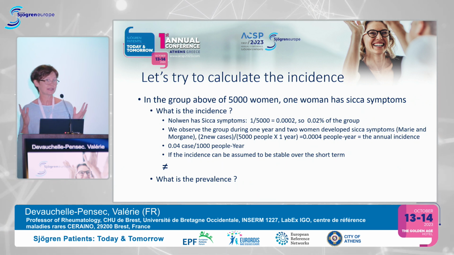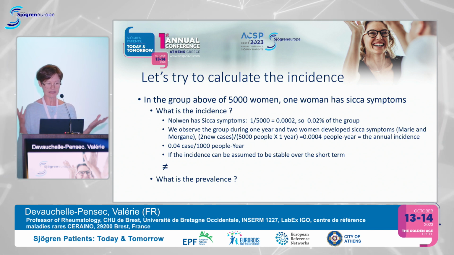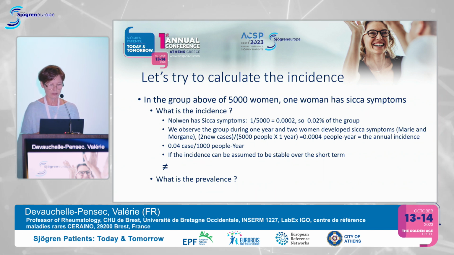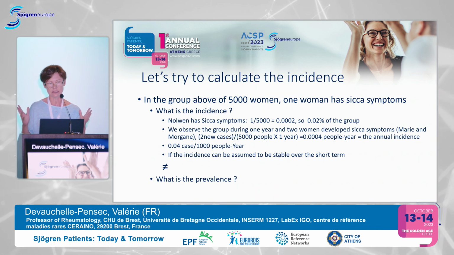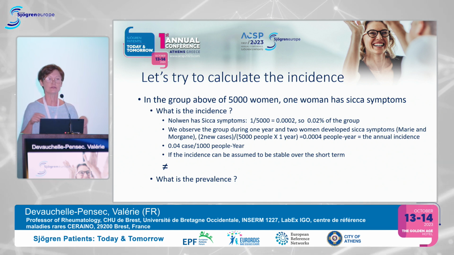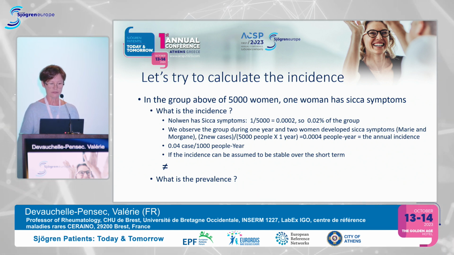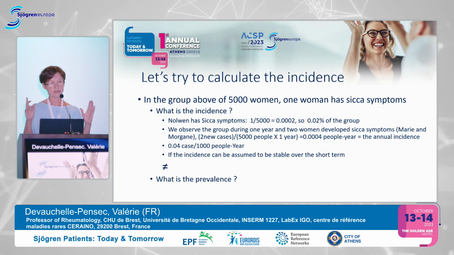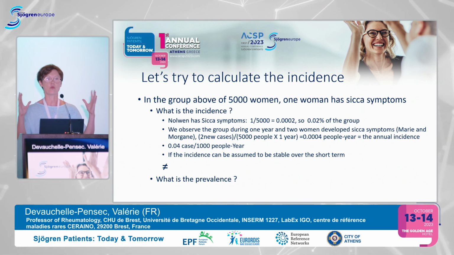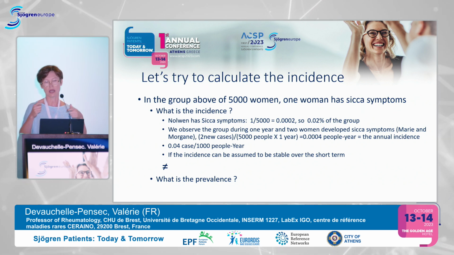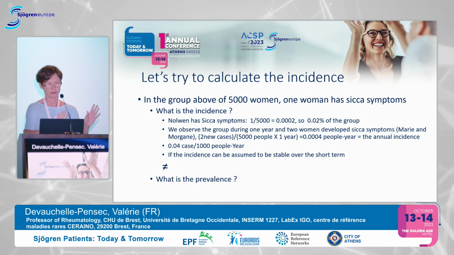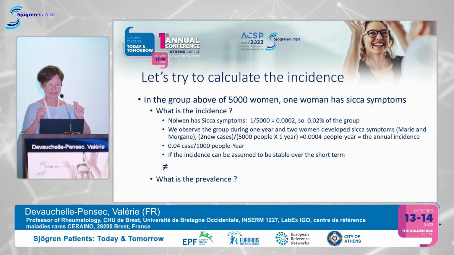So I'm going to calculate the incidence. She has had Zika symptoms for a long time, so I'm not interested in counting her, because incidence counts only new cases, you remember? So we are going to look at the group for 1 year and ask who has Zika symptoms.